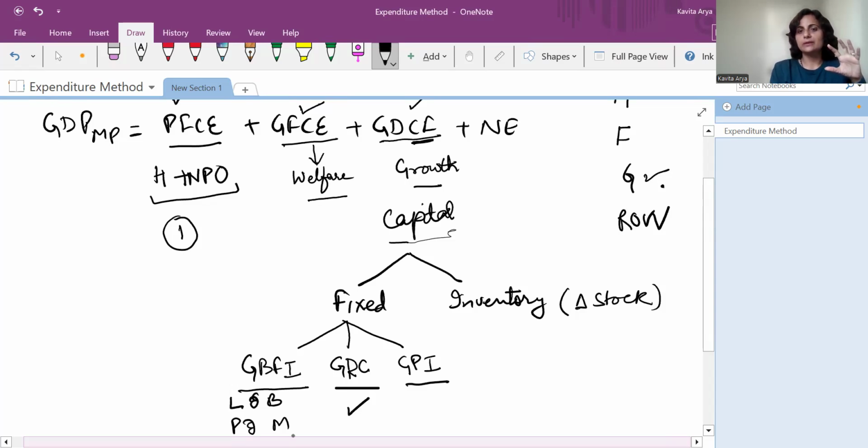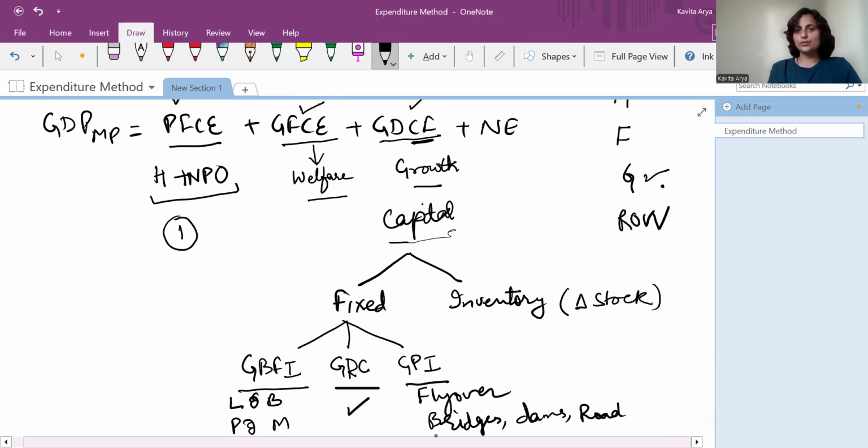Welfare means whenever it's spending on consumption goods, that is for the welfare motive, and whenever it is trying to increase the capacity of the nation to produce further and adding to the capital stock of the nation in terms of flyovers, bridges, dams, roads, or any other construction which adds to the infrastructural needs of the nation, that would be a part of government fixed expenditure.